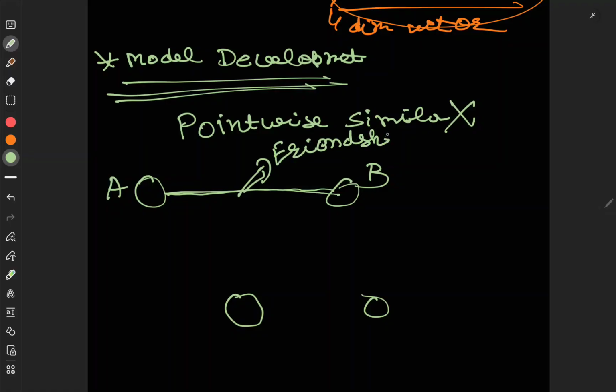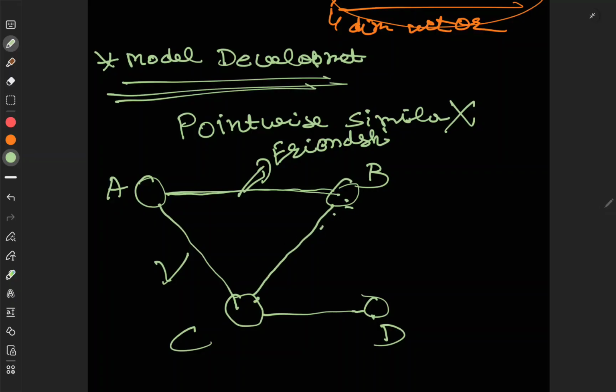Similarly, C and D are friends. And B and C are also, let's say, friends. Then there are very high chances that A and D should also be friends, right? So we need such a model which predicts whether there will be an edge between two particular nodes or not.